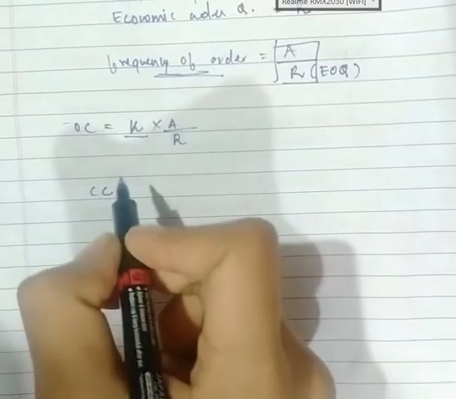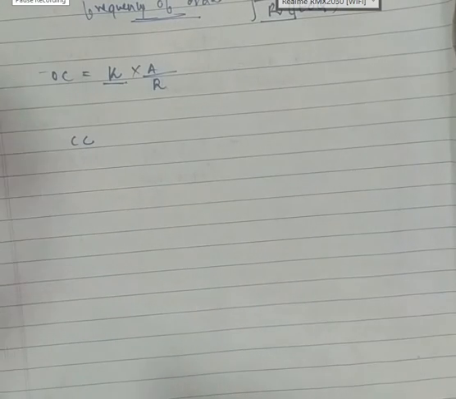Now carrying cost. Carrying cost is the cost of maintaining the product, or inventory. We generally take carrying cost as the cost we need per annum on a unit. So like 10 rupees per annum for each and every unit. For the total inventory, it's the total inventory into the cost per unit.